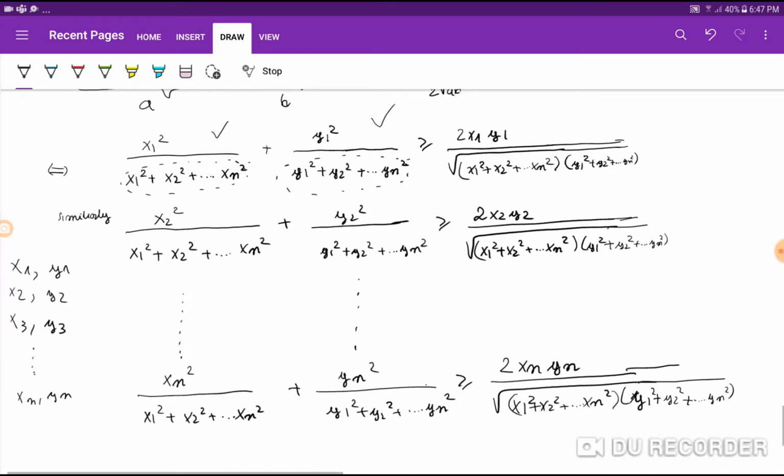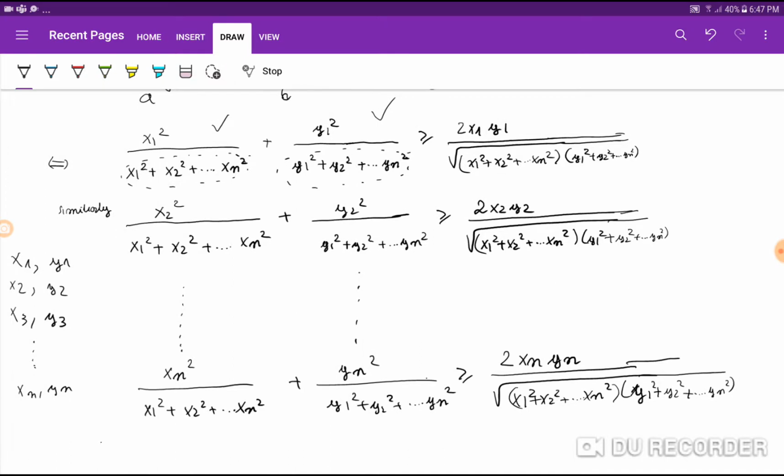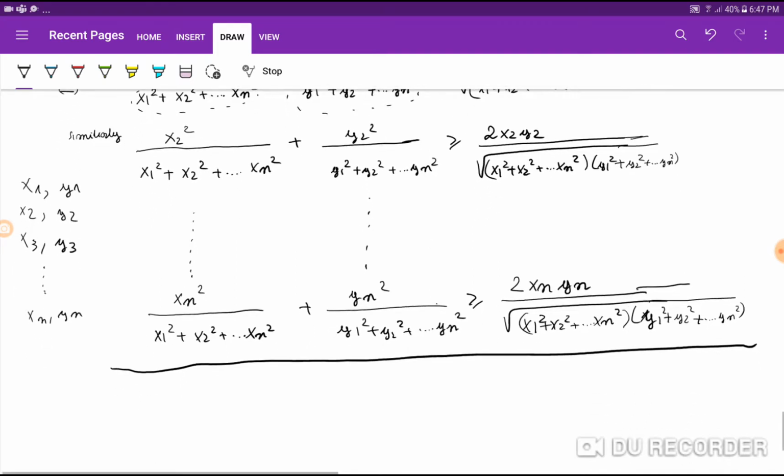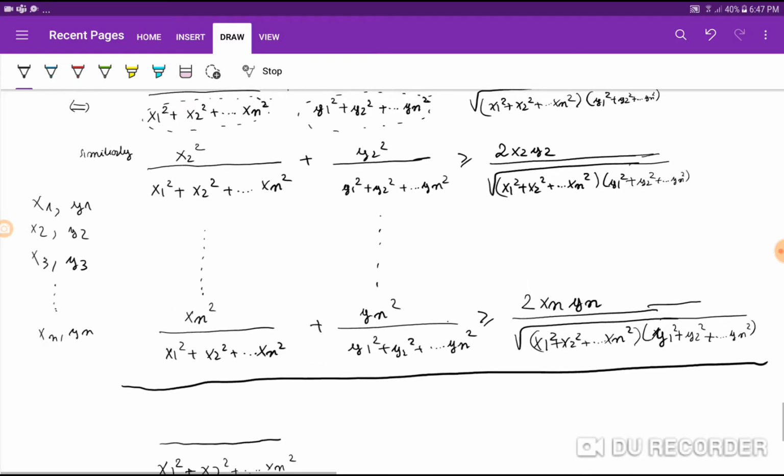Okay, so if you add them together, x1 squared plus x2 squared plus all the way to xn squared, they will have the common denominator, right? X1 squared plus x2 squared plus all the way to xn squared. That's the common denominator they have.